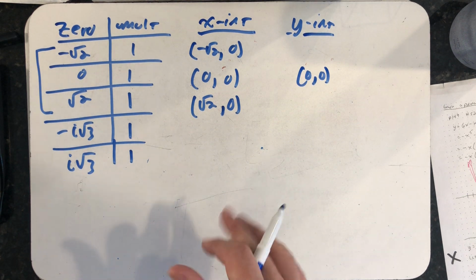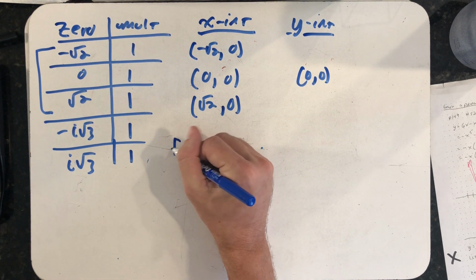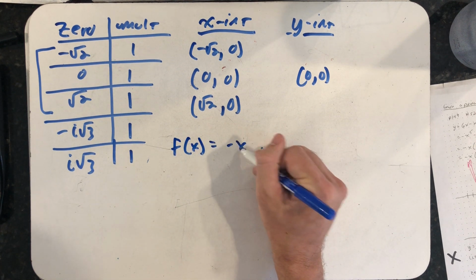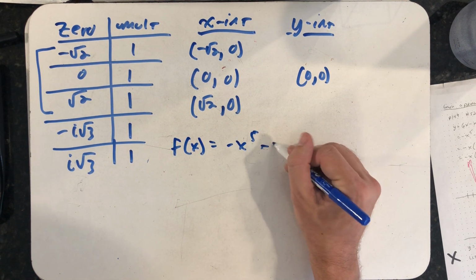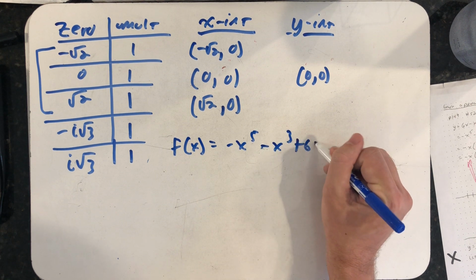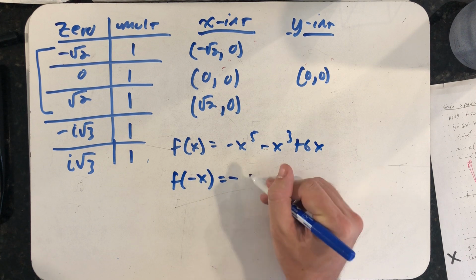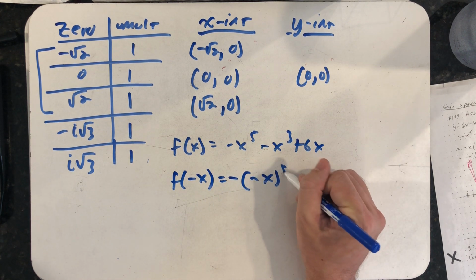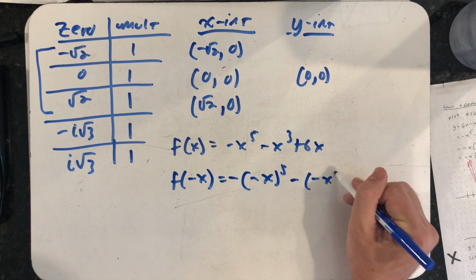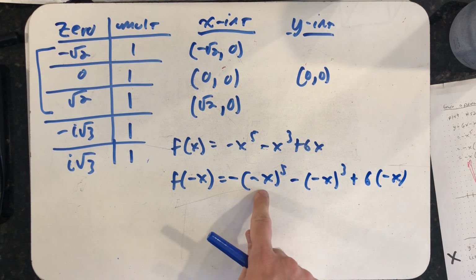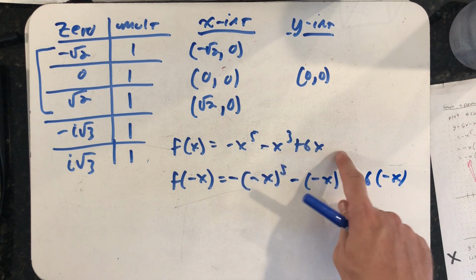Finally, we're asked to determine if the function is even or odd. So here's my original function, after I've rewritten it anyway. And what I'm going to do is go on and replace x with minus x and use that algebraic test. Well, I'm raising a minus x to an odd power in each case.